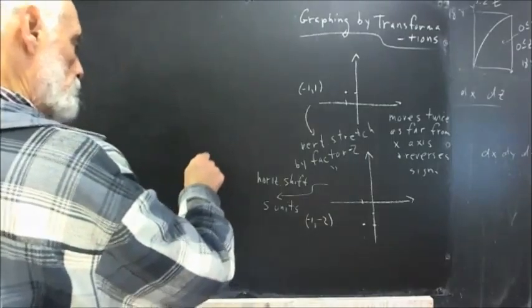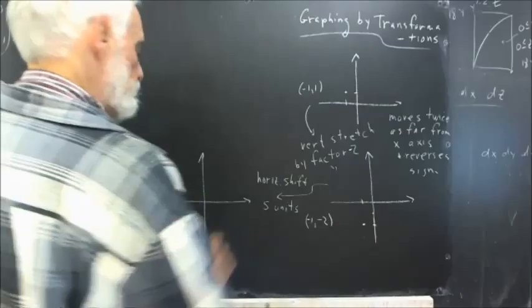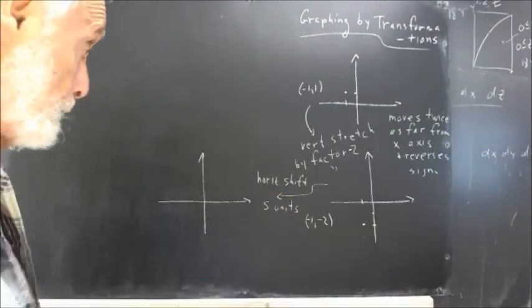So what's going to happen now to our point? Well, that means it's going to be shifted 5 units in the x direction.